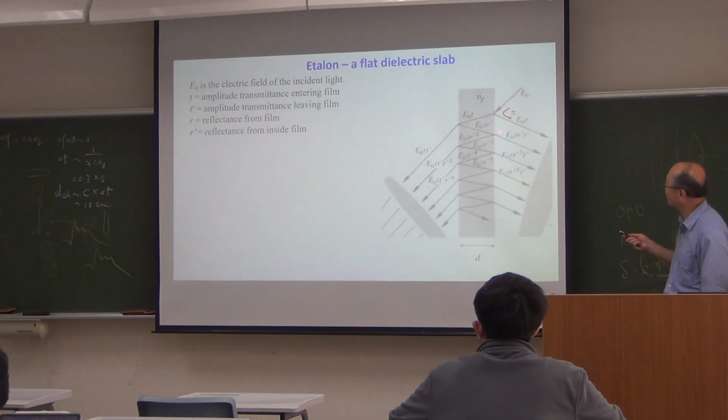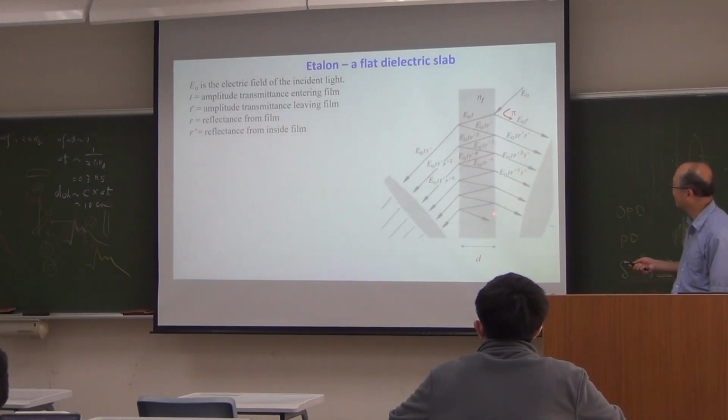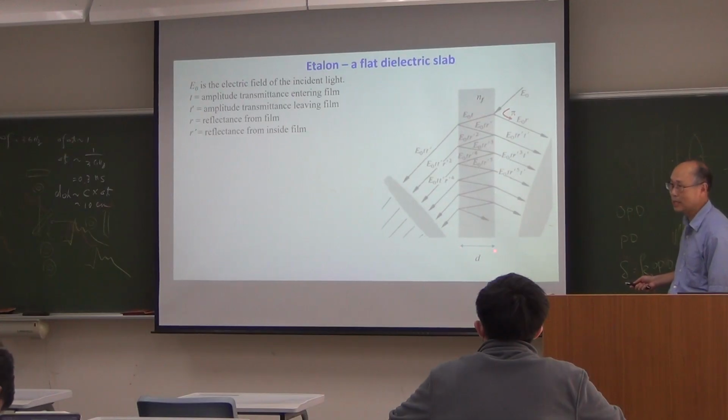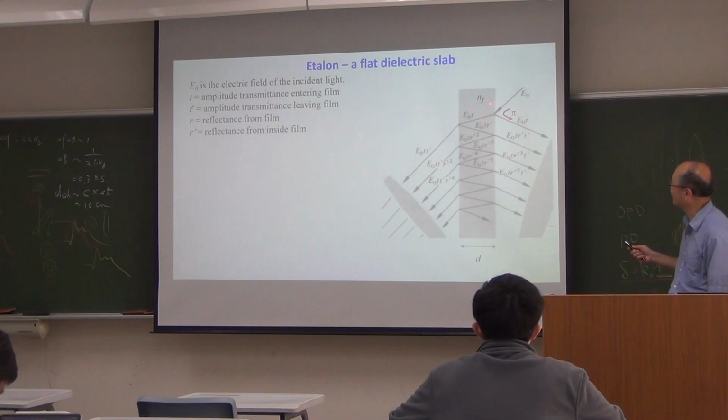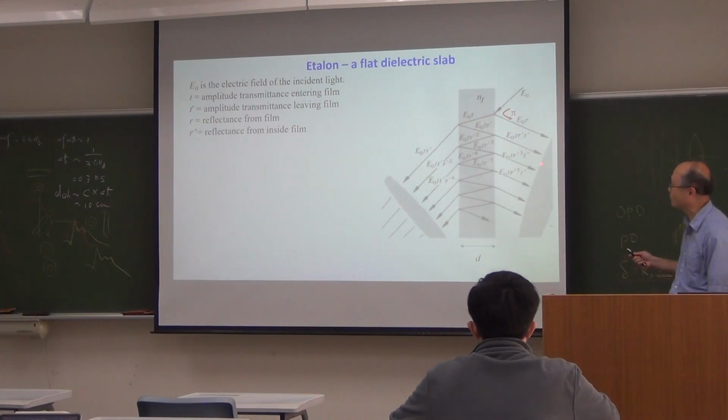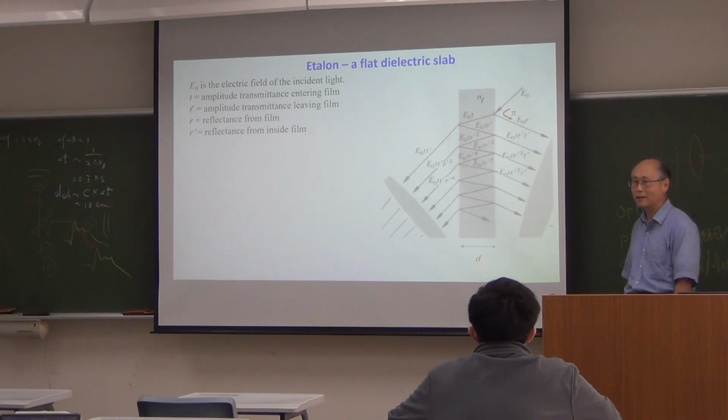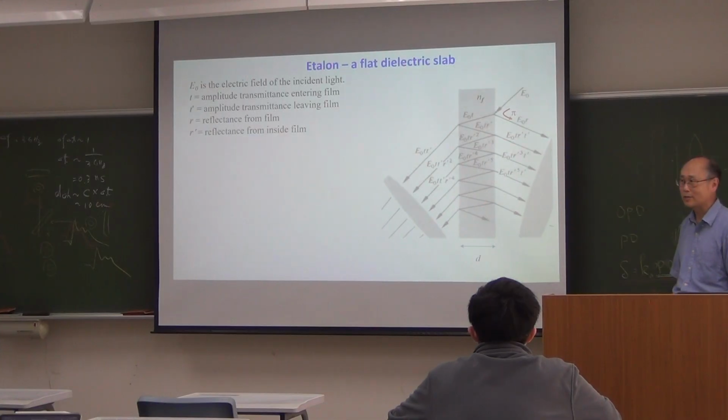So think about, again, a dielectric slab like this with a thickness of d, and you have a light source incident on it. The light is going to get reflected from the first surface, and then you have light reflected from the back surface, and some will be transmitted, some will be reflected. So you have those infinite beams of interference from this setup.